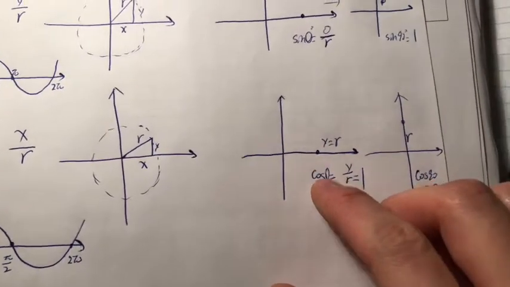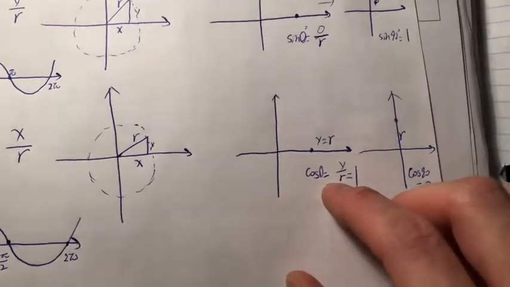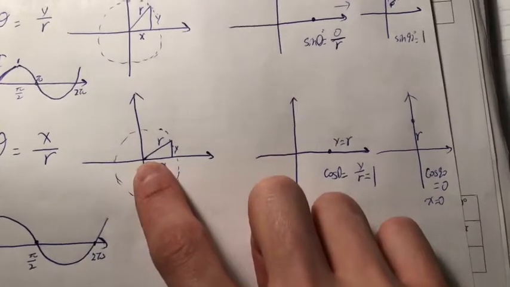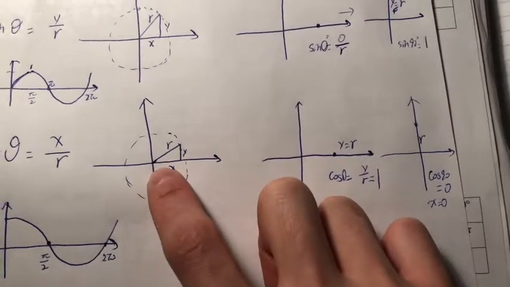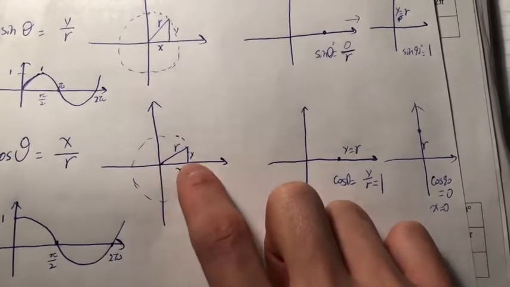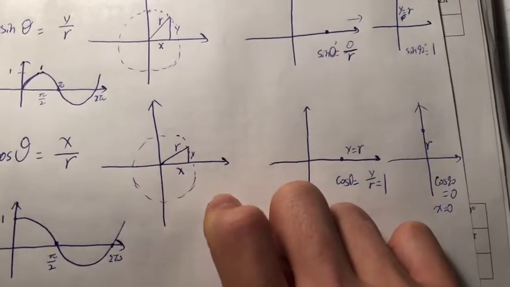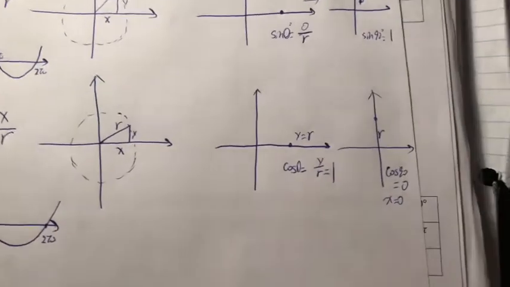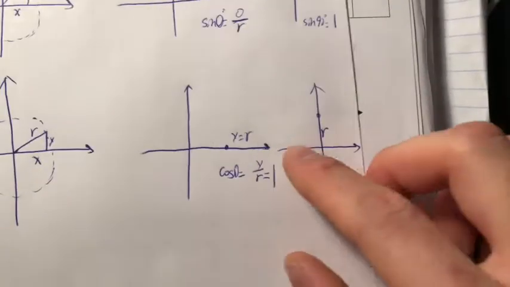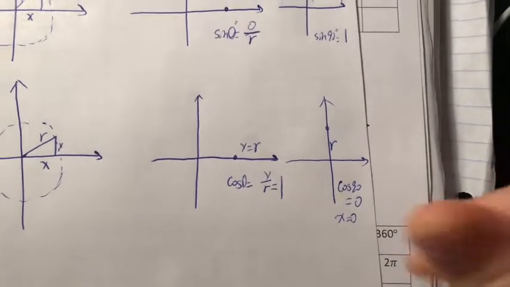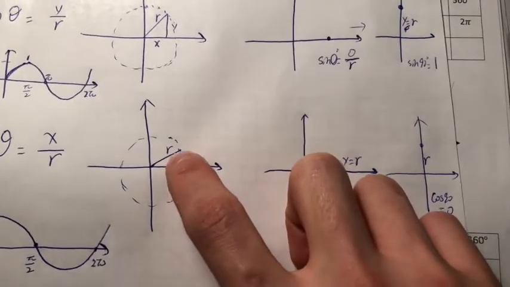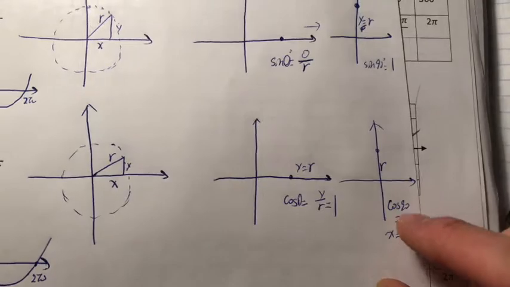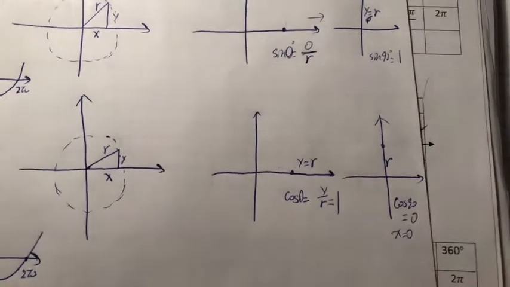So at this point, cosine 0 is equal to 1 because x is equal to r, right? And then you move from here to here. So it's going to be 0 because you don't have an x value.